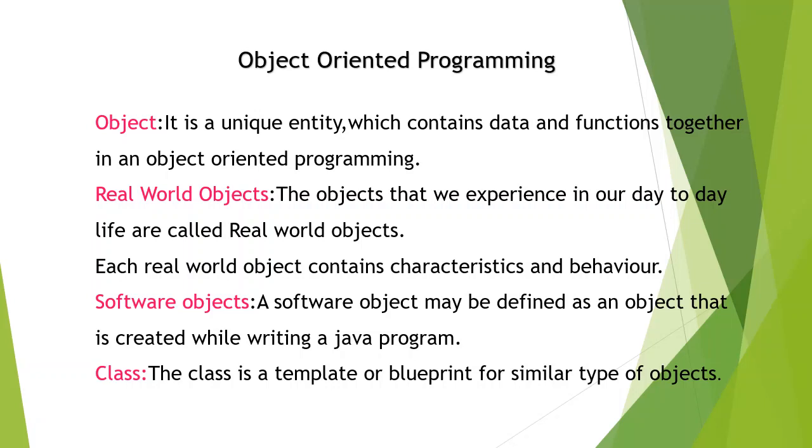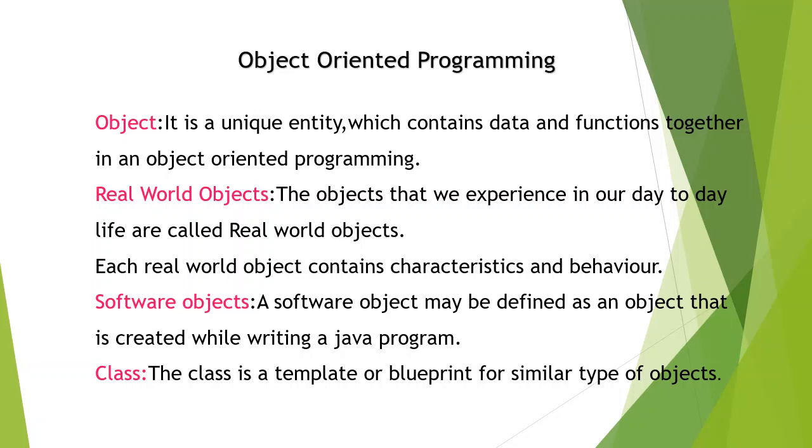When we compare these real world objects with software objects, then the characteristics and behaviors of real world objects are referred to as data members and member functions in software objects. What is an object? An object consists of data and functions together in an object-oriented programming.